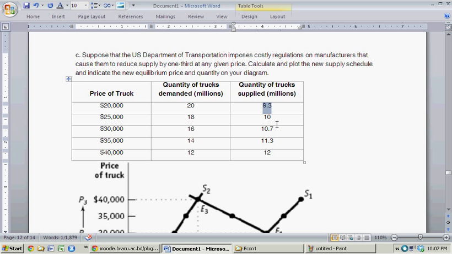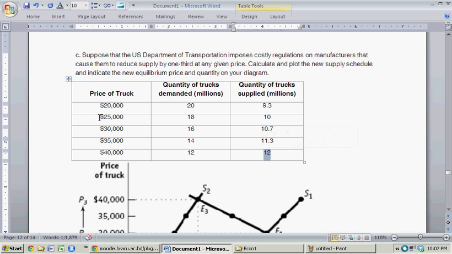Where before it said 15 million, now it's down to 10. Where before at $30,000 the quantity supplied was 16 million, now it's down to 10.7. This is decreased to 11.3 million, and then associated with a $40,000 truck, the quantity supplied is 12.